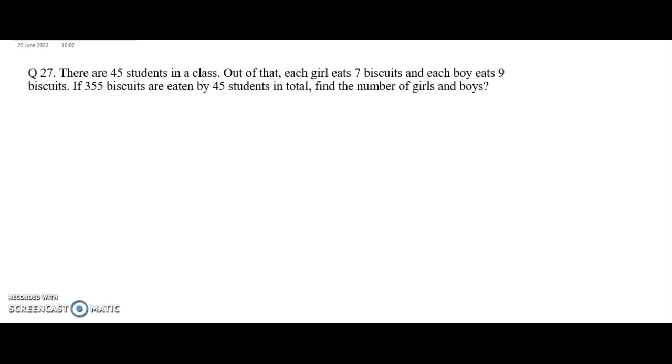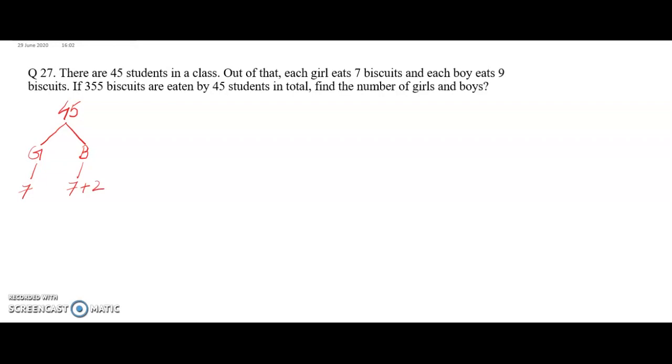So in this question, it's given the total number of students is 45. Now we need to find out the number of girls and boys. The question says each girl eats 7 biscuits and each boy eats 9 biscuits. 9 biscuits we can write as 7 plus 2.